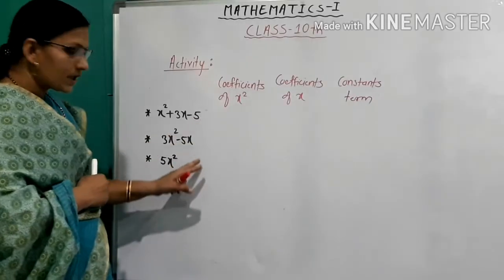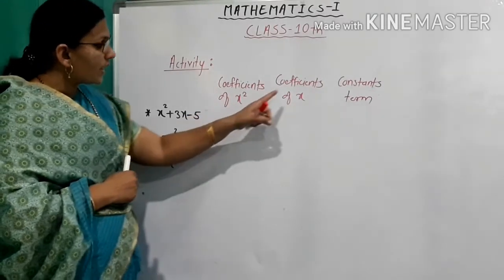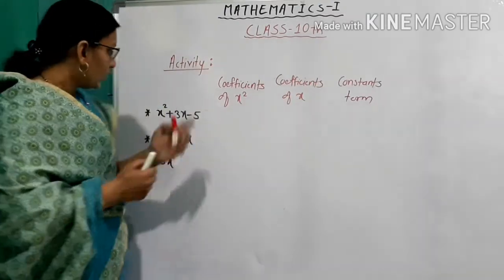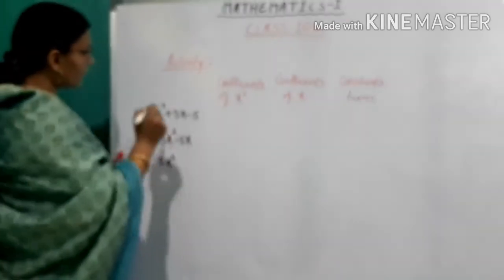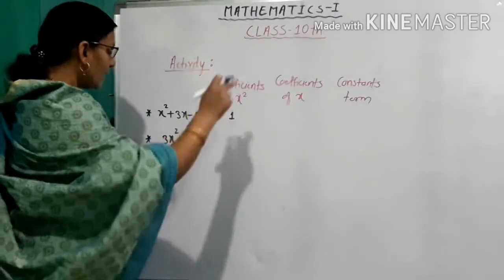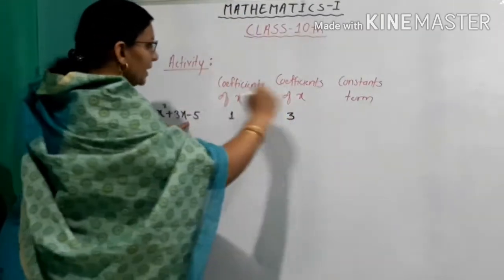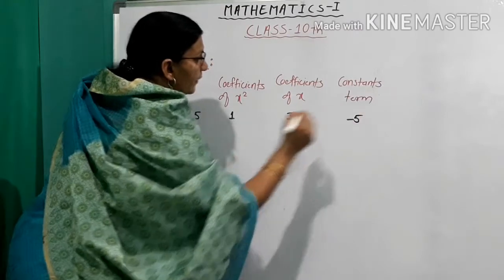Some quadratic equations are given. From this, write the coefficients of x square, x and constant terms. Observe the first example. Here, coefficient of x square is 1, coefficient of x is 3 and constant term is minus 5.